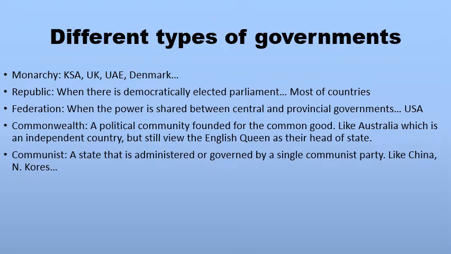We have another kind of government, which is called a federation. Federation is a type of government in which the power to rule the country or to run the state is shared between the central government, which is in the capital, and the provincial government. There are states, for example, in the USA. The example of the USA is given for your ease because the central government in the USA has certain powers, and the regional governments or the state governments have their own powers to run their own states.